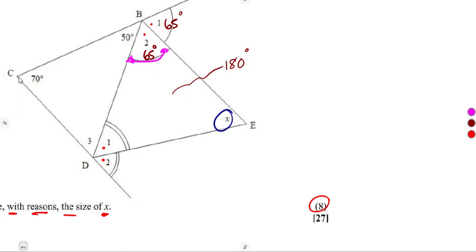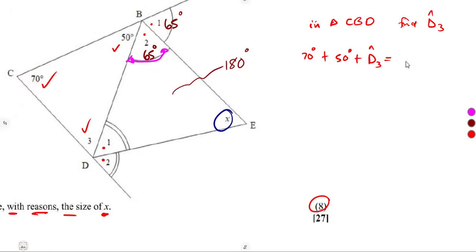All right, let's start in triangle CBD, this triangle. Find angle D3. If I add the 70 degrees plus the 50 degrees at B plus the angle D3, we must obtain 180 degrees inside this triangle.